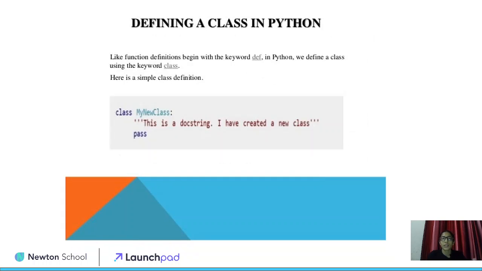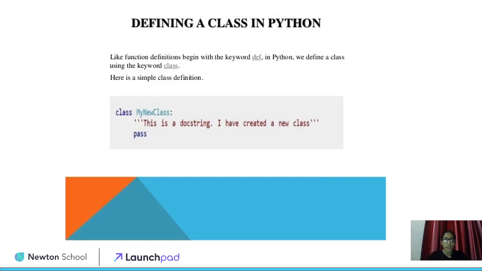So how do we define or declare a class in Python? As I told you, a class is a user-defined blueprint or prototype from which objects are created. Classes provide a means of bundling data and functionality together.